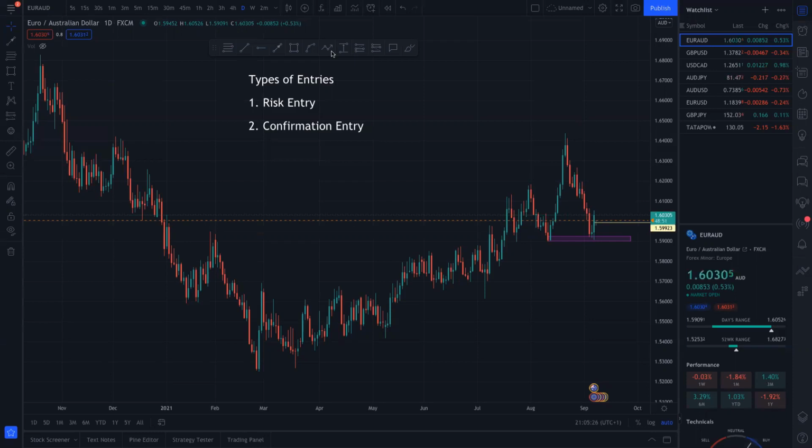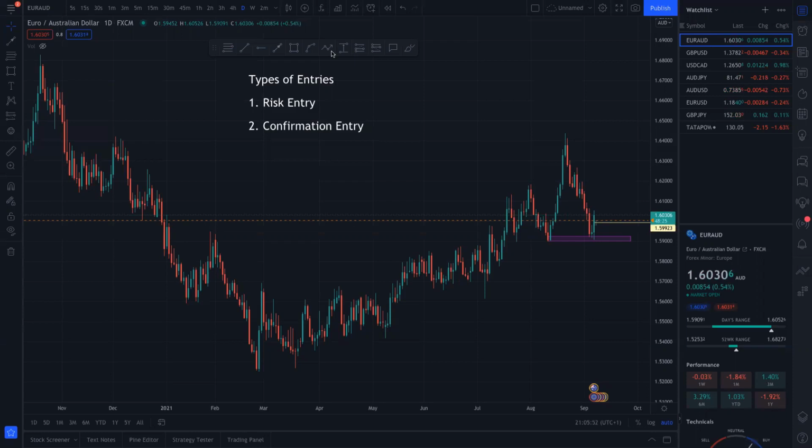The disadvantage of the risk entry is you will stop out many times. That comes along with this. Basically the success rate is less using the risk entry, so you need to keep that in mind while using it.